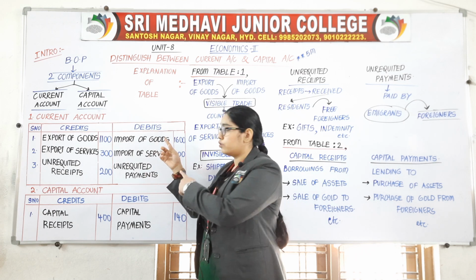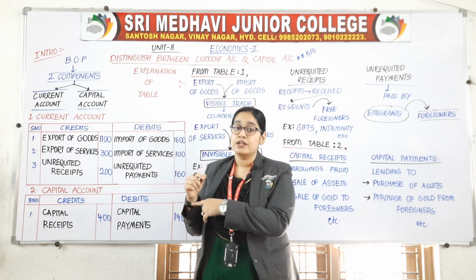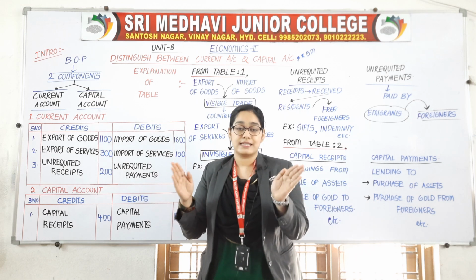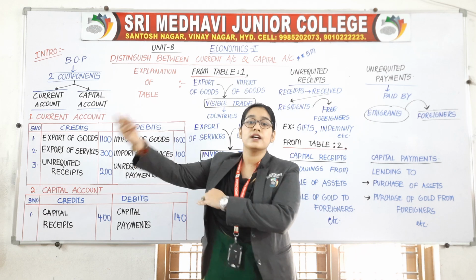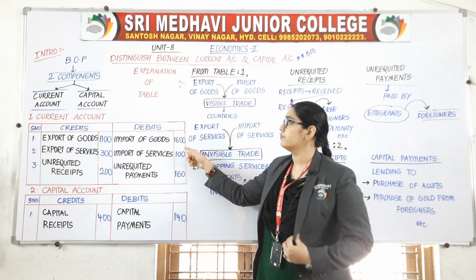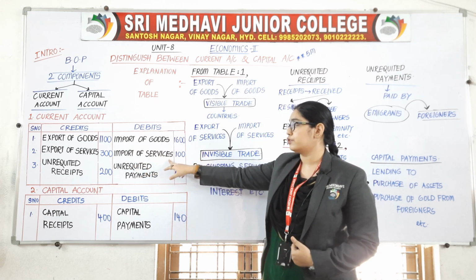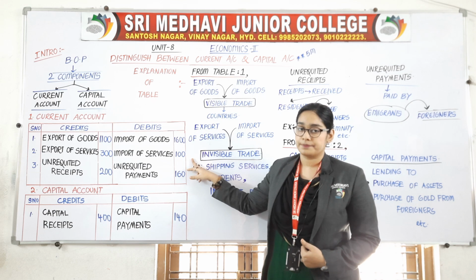So import of goods and import of services are on the debit side. Why? Because debit all expenses and losses. So money is going, right? So import of goods comprises of 1600 and import of services is 100.